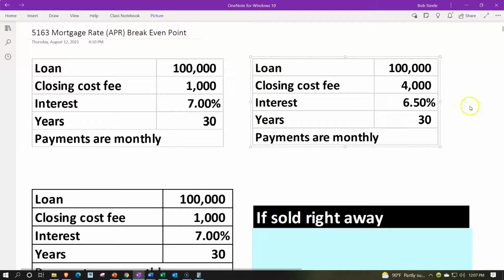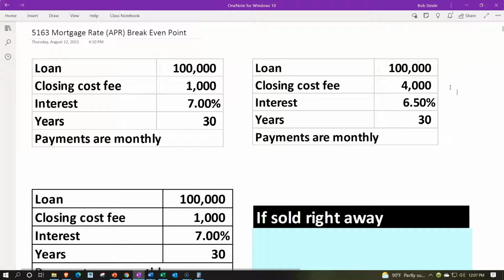Because note what really happened here is you paid this $4,000 up front, meaning you added it to the loan, and you're paying it off over 30 years. And over the 30 years, it evens out to a lower APR. But if you're not going to be holding on to it for the entire 30 years and you sell the loan, then the amount of net gain you're going to have is going to be less if it's earlier in the loan.